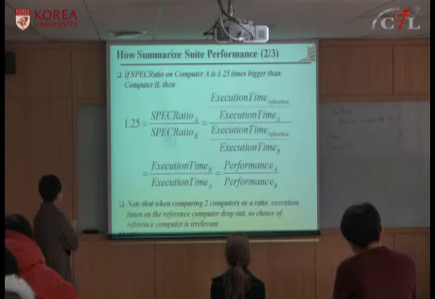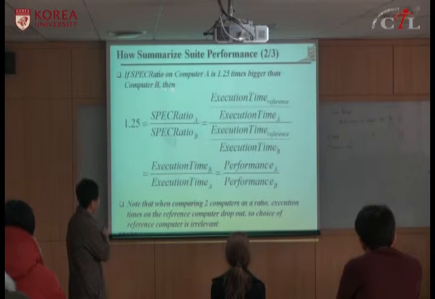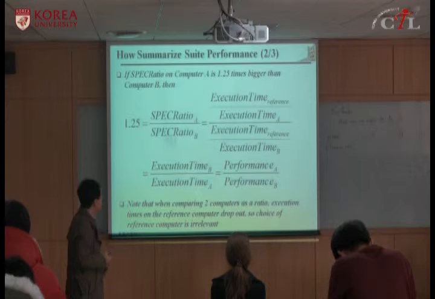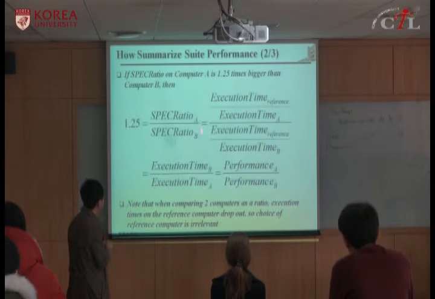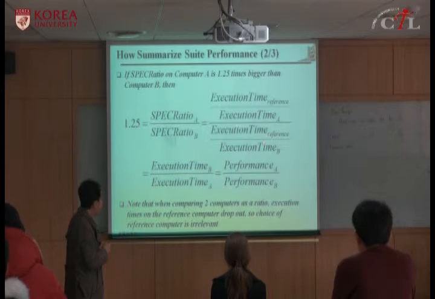So the spec ratio on computer A is 1.25 times bigger than computer B, which means about 25% faster. You can express it this way: 1.25, spec ratio A is higher than spec ratio B. Spec ratio is expressed as the execution time on the reference machine divided by the execution time on machine A. Okay?